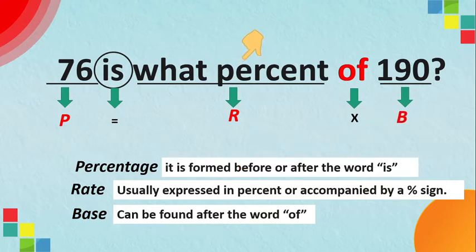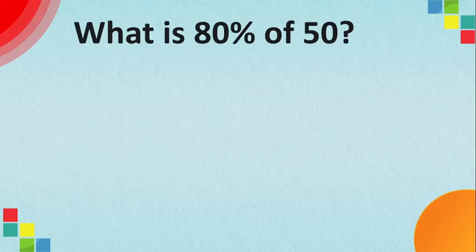So now that you have an idea on identifying the percentage, rate, and base in a given word problem, let's proceed to translating word problems into mathematical equations and deriving formulas based on the solutions that we perform. What is 80% of 50? Before we derive a mathematical equation, we will name the elements in this given word problem.